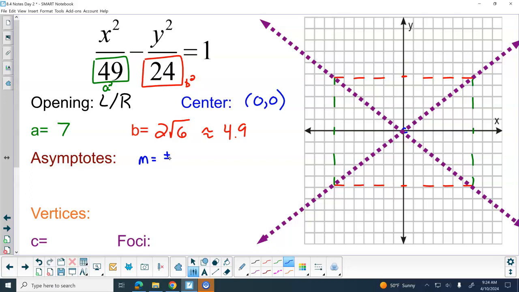Exactly what is the slope of both asymptotes? Plus and minus 2√6/7. What is the y-intercept of both asymptotes? 0.